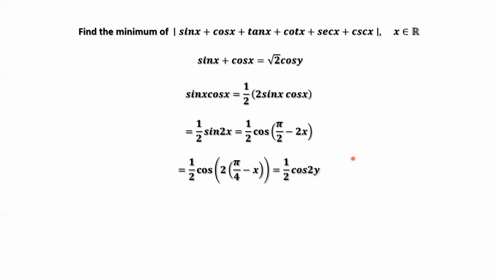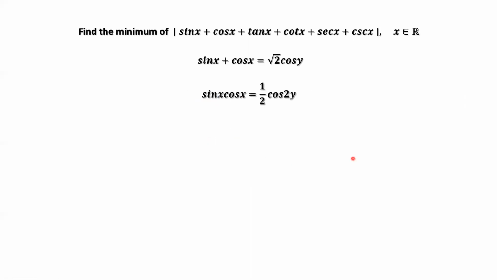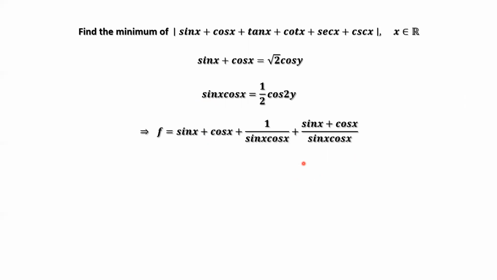Now we are ready to rewrite f in terms of cosines. Sine plus cosine equals square root of 2 times cosine y. Here, we can replace it by square root of 2 times cosine y.